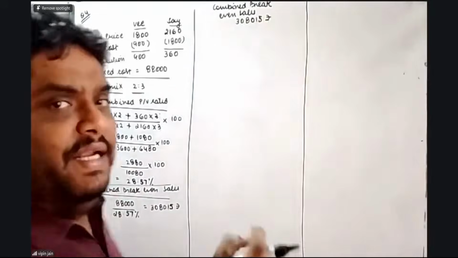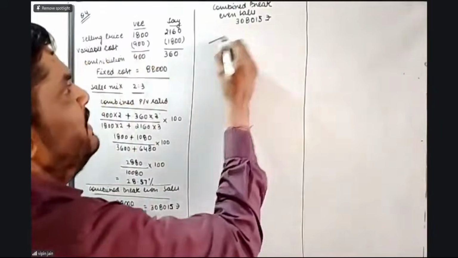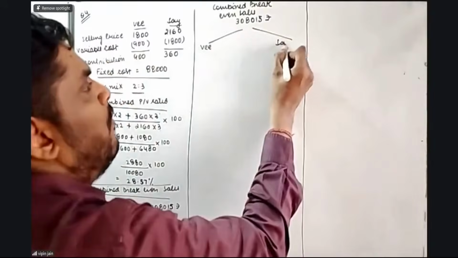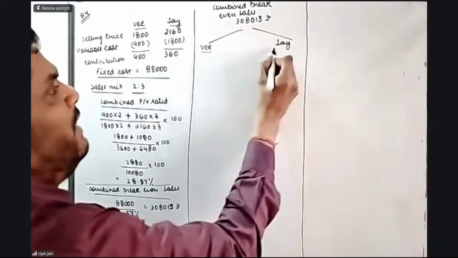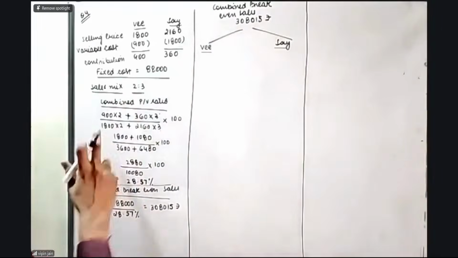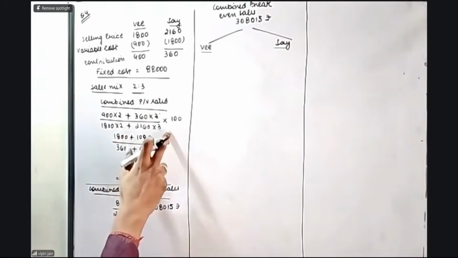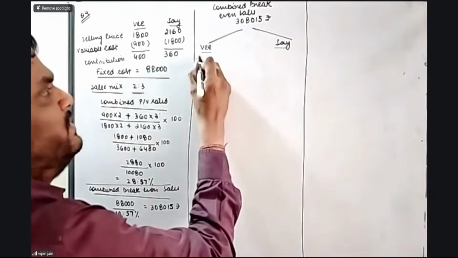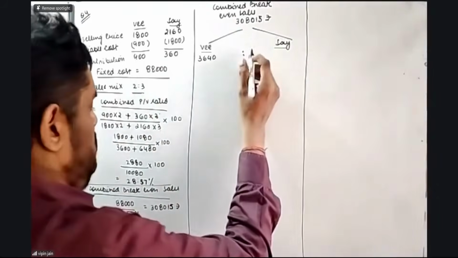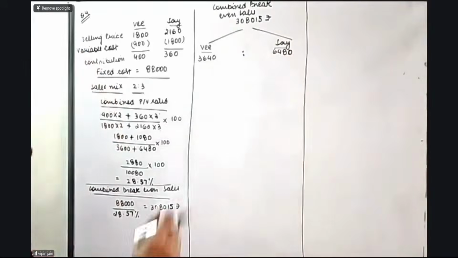This is the sales, that is the price times the quantity. So if we want to calculate separately for V and J, since this is sales, we will distribute it in the sales ratio, that is 1800 into 2 and 2160 into 3. So we'll be distributing it in the ratio of 3640 into 6480. So this is sales.